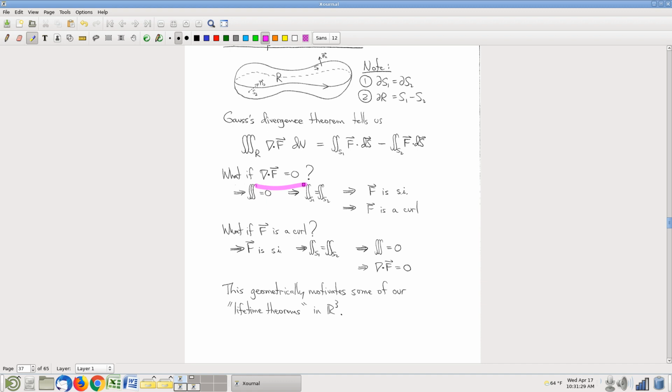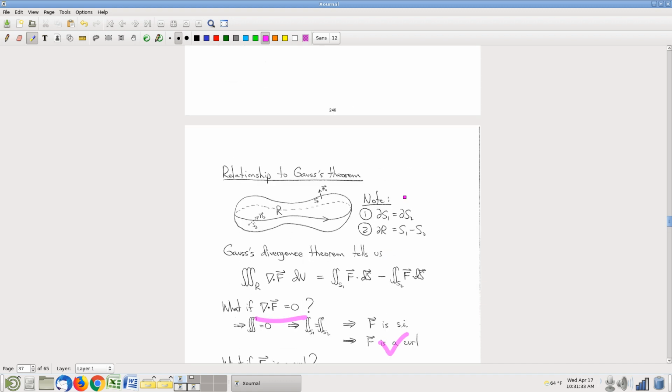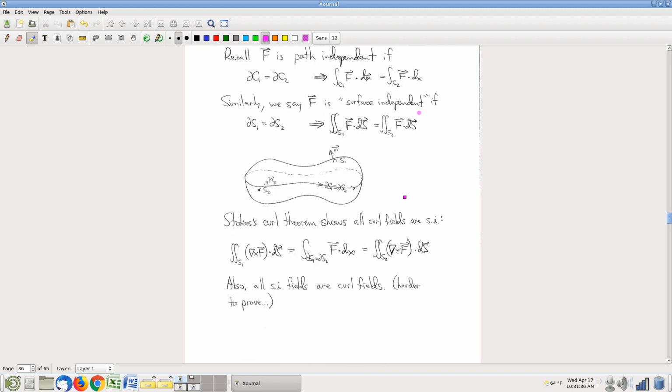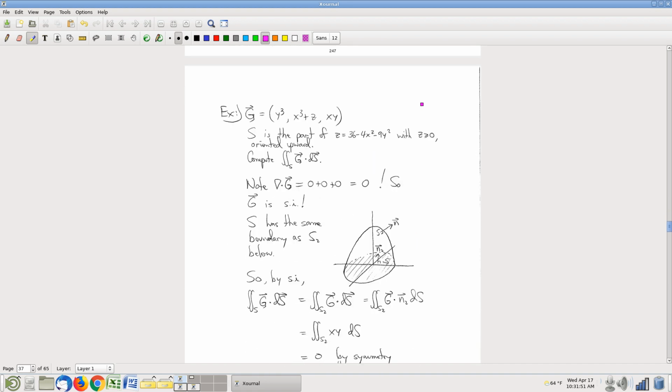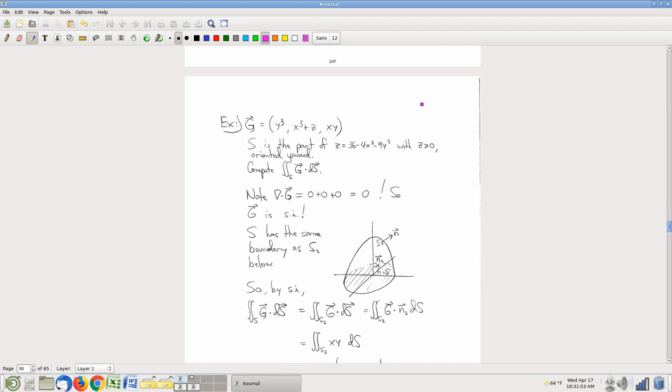Take the divergence of something. If you get 0, that means your vector field is a curl. That means your vector field is surface independent, and that means that you can just change your surface to your preference, preserving the boundary, of course. Okay. Alrighty, so let's see an example of that. Hard problem.